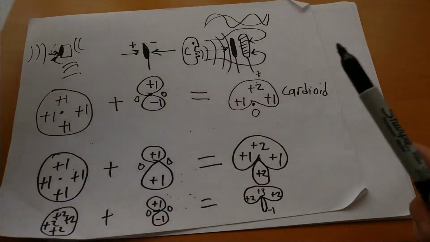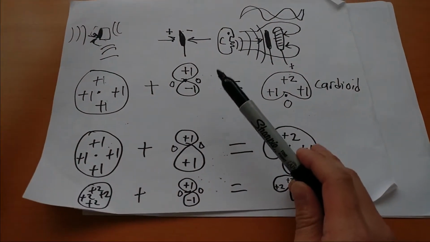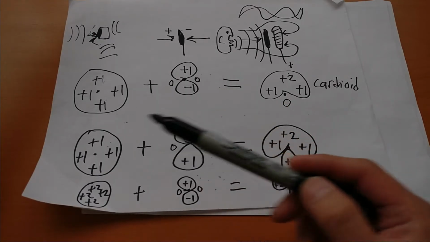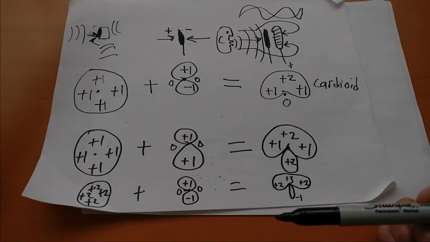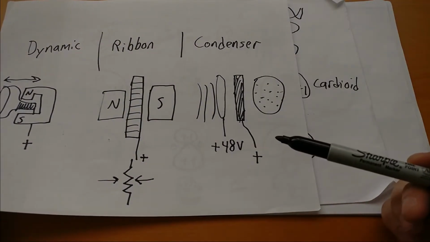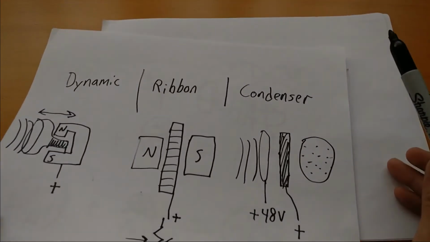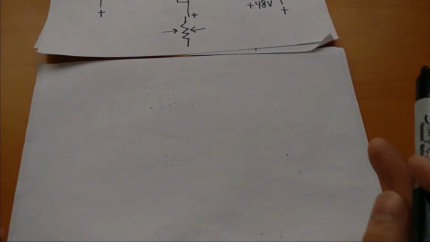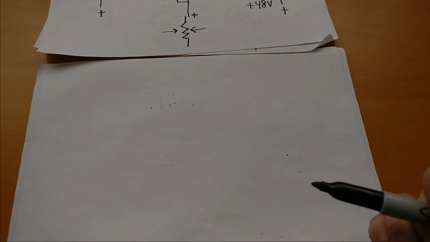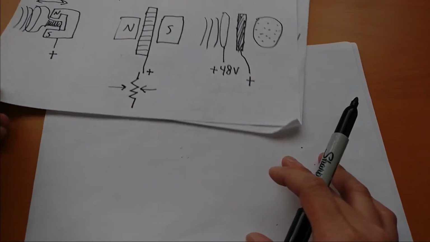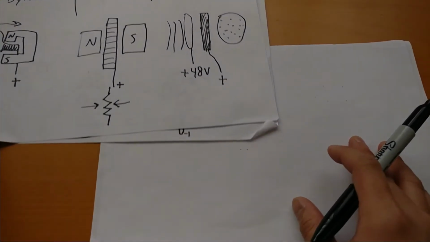So although this mathematical function makes sense if you have multiple diaphragm types, multiple capsule types inside of your microphone, that doesn't really make sense if you have multiple condenser microphones. So to demonstrate how polar pickup patterns work for modern microphones that use cardioid patterns from condenser microphones, I can demonstrate how those work here.